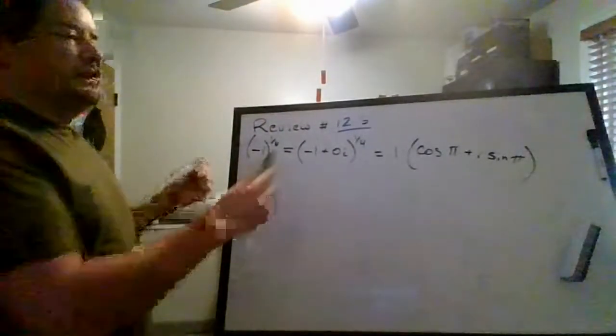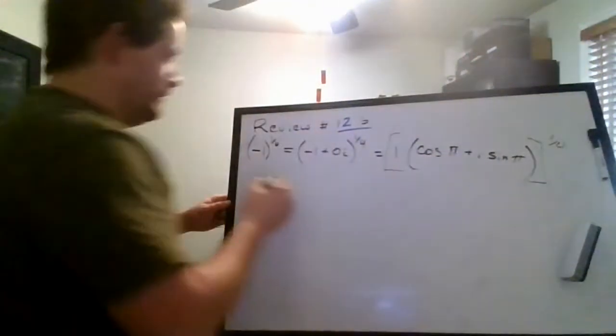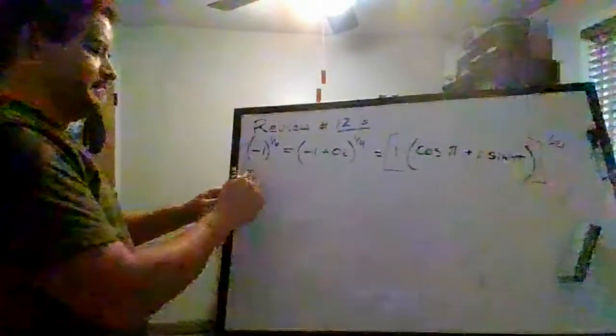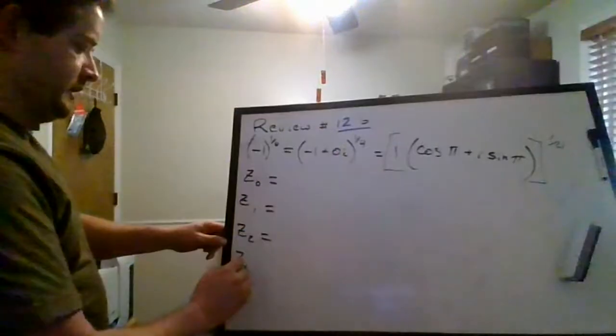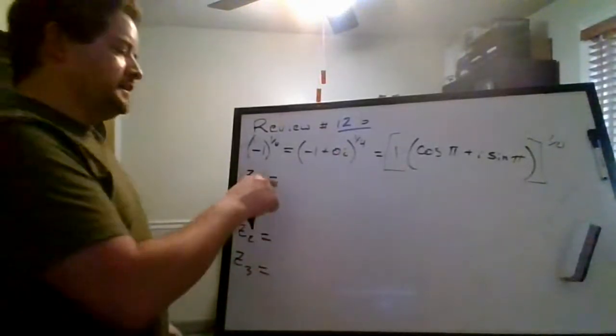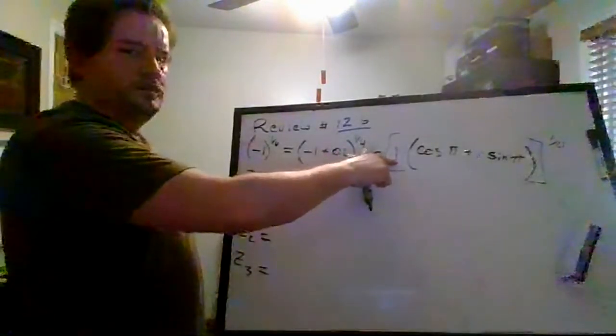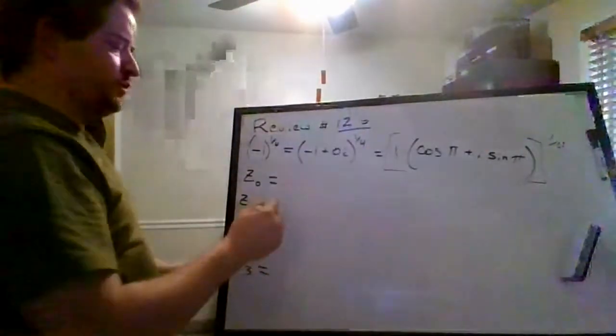All right, so I'm taking this number to the 1/4. And therefore, I'm going to end up with a z0, a z1, a z2, and then a z3 finally. Each of these is going to have r, which is 1, raised to the 1/4, but the fourth root of 1 is 1.